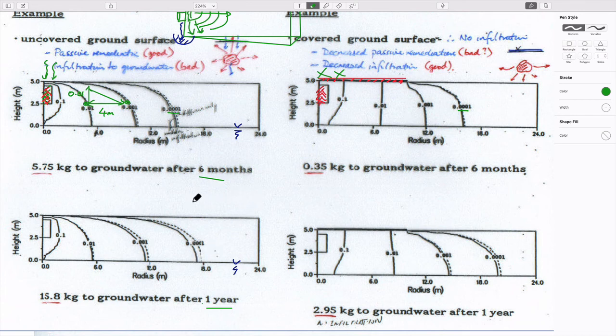But what's quite apparent is if you look at the loading that's occurred in each of these, is that in the isolated case, 6 kilograms have gone into the groundwater system, and here less than a tenth of that has gone into the groundwater system. And so you have to conclude, I think, that since the contour of concentrations along this top surface is pretty much the same in both the left and right side, then it's not being driven by this contact of the vapors with the top surface, but it's merely being completely controlled by the amount of fluid which is being washed down by infiltration and getting here.